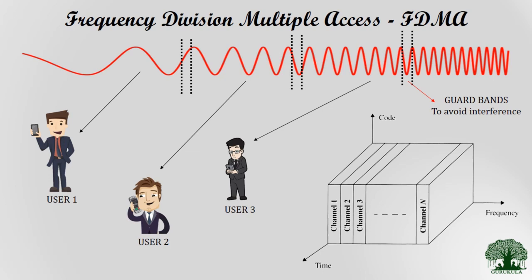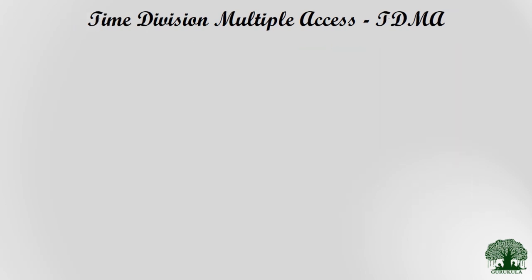As you can see in the diagram, the users are differentiated in terms of frequency. This principle is what we have discussed as frequency division multiple access.